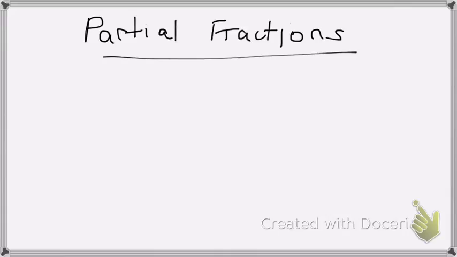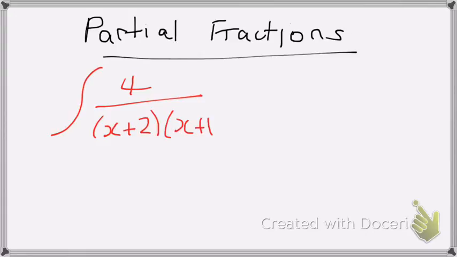So partial fractions is all about integration basically, and the idea is that if I asked you to integrate this, let's just make an example. You don't know how to do that, basically, because the derivative of the bottom is not the thing on the top, and so it doesn't work.